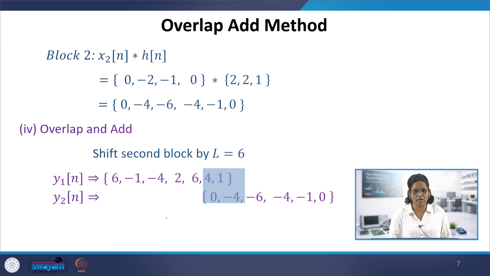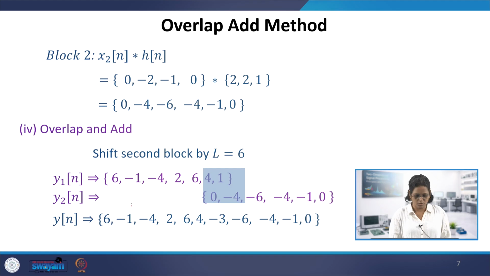So how do we get Y from this Y1 and Y2? We have convolved it. How do we get the convolved sequence of X and h finally? So Y of n equals 6 minus 1 minus 4 2 6, and then this 4 plus 0 we have to add. That's why it is called overlap add. The samples in this overlapping block should be added, and 4 minus 4 and 1 gives you minus 3 and minus 6 over here, just by adding.